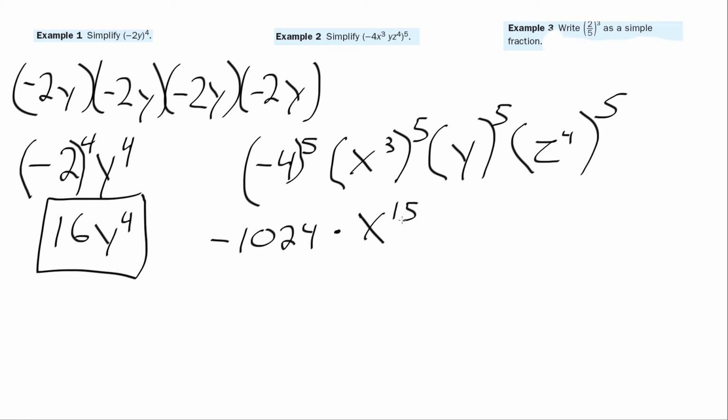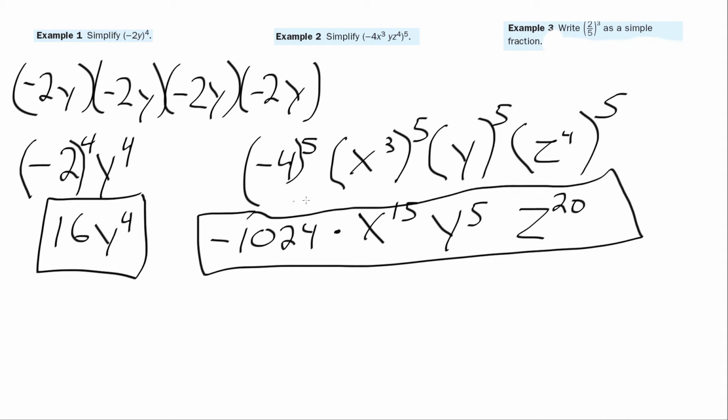This is 1 times 5, y to the 5th, and this is 4 times 5, z to the 20th. And I have my simplification of this problem.